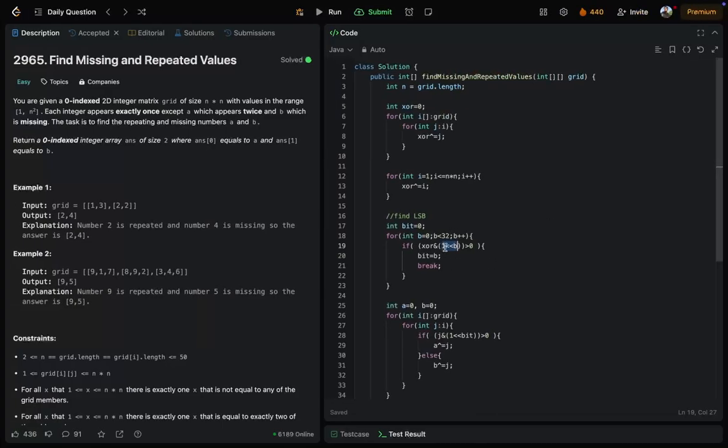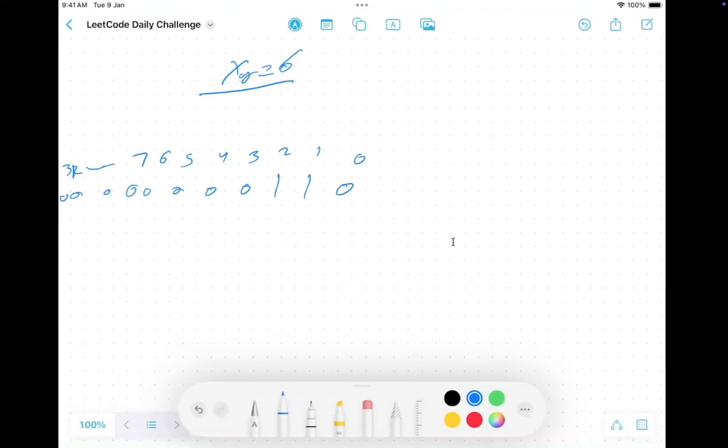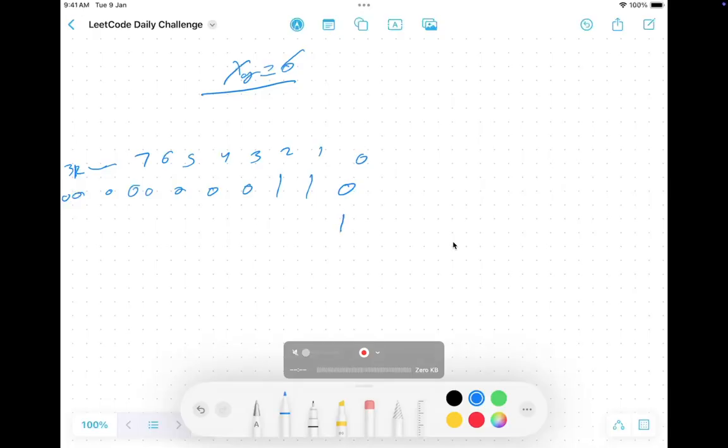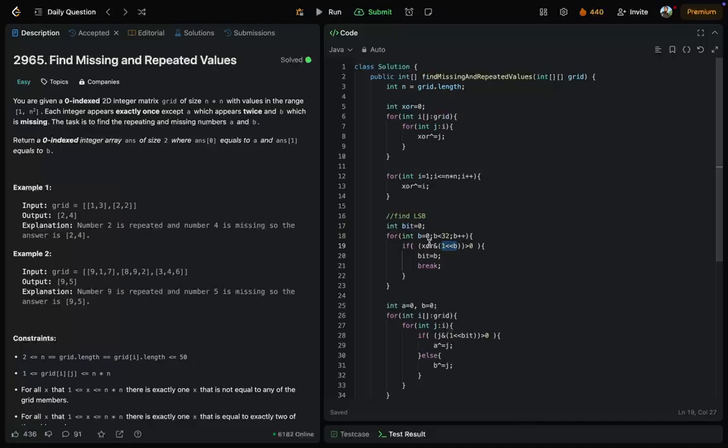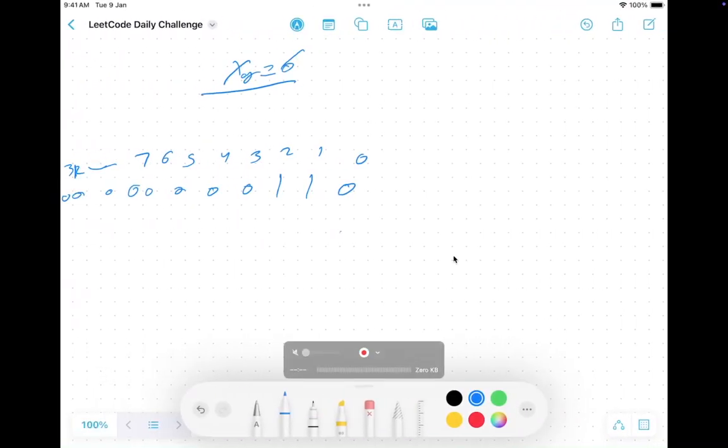Then this thing, 1 left shift b times, 1 left shift 0 times. Then we are doing the AND operation. We get all values 0. Then in our next iteration b will become 1. So 1 left shift 1 time, so 1 is here and all other values 0.